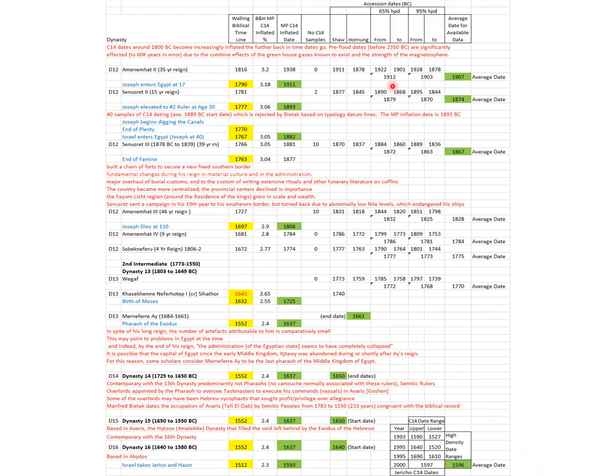That averages to 1912. The 95% HPD from 1928 to 1876 averages to 1903. And then I take those two and average to get an average date, an average carbon-14 date for that pharaoh. Okay, and that would be based on the start of their reigns here.